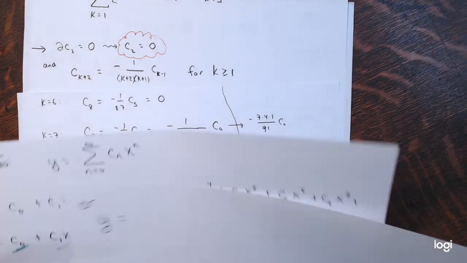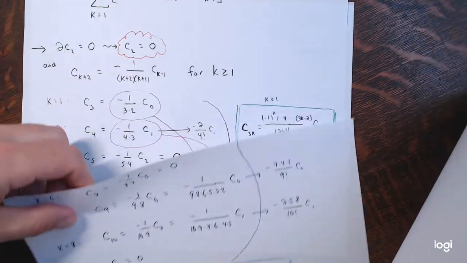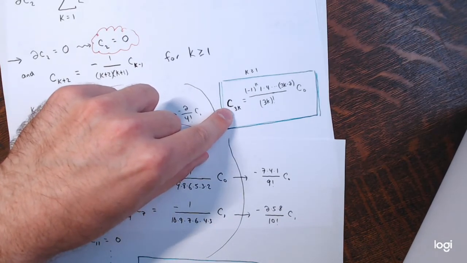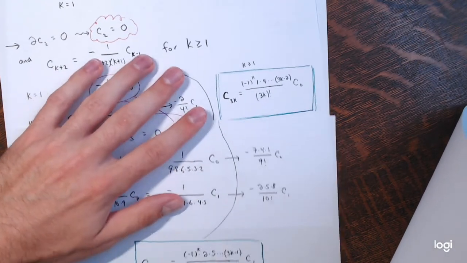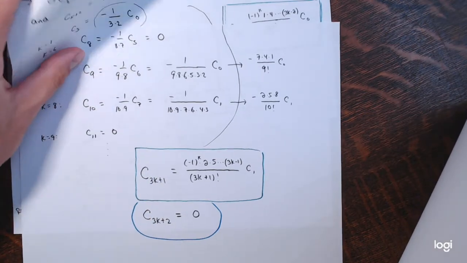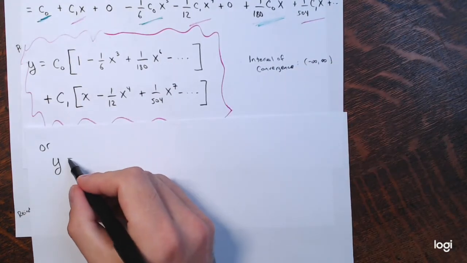All right, so I could do this as well using my little formulas that I wrote up earlier, right? Those crazy expressions. This thing for when the subscript was a multiple of 3, and this when the subscript was a multiple of 3 plus 1. So I could also do this if I wanted to write a series.